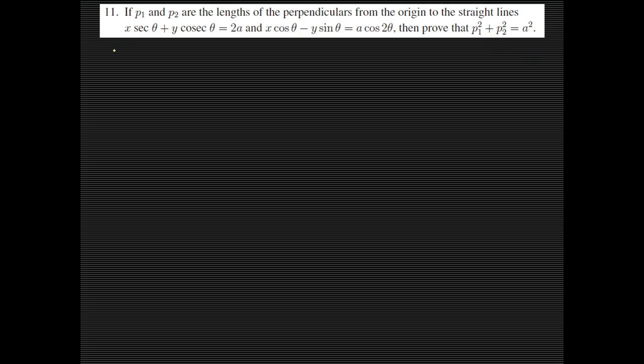Okay, so here let us write what is given. First let us find P1. So what is P1? P1 is the length of the perpendicular from origin to the straight line.